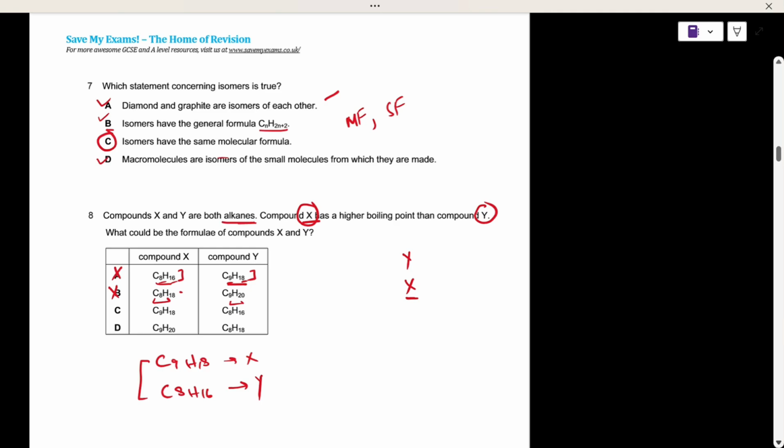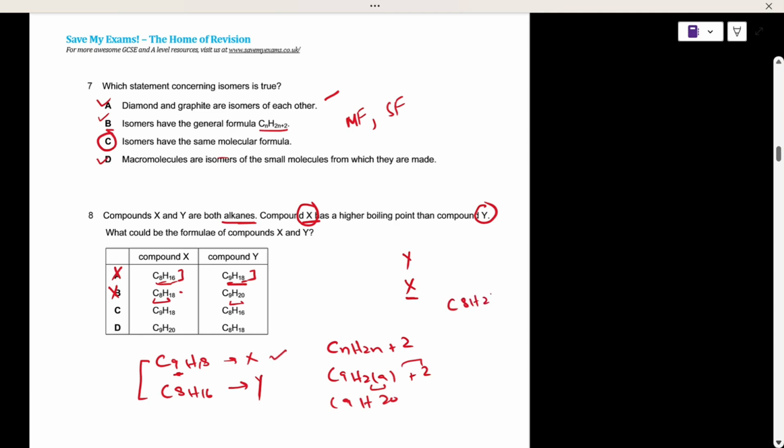Because these might be alkene molecules, we don't know, so we have to double check. So we'll put them into the formula CnH2n+2, and here you have the number of carbons at 9, so C9H(2×9+2), which is 18 plus 2 is 20, so this is correct. Let's see this one.